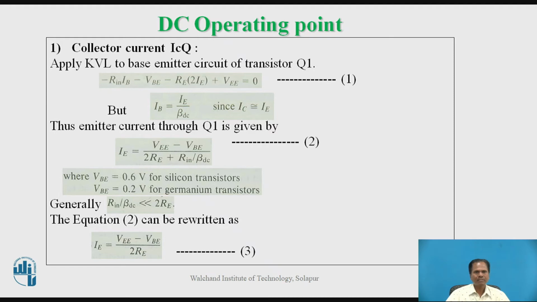So using equation number 2, we can calculate the exact value of emitter current I, and using equation number 3, we can calculate the approximate value of emitter current I. Equation number 3 indicates that the desired value of emitter current I can be set using emitter resistor RE for a given value of VEE, and the emitter current is independent of the collector resistance RC.